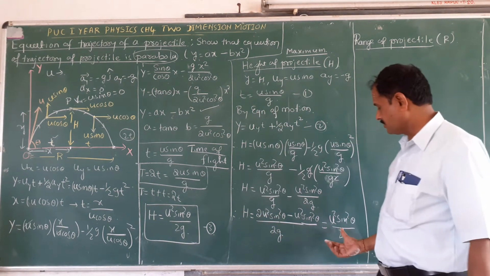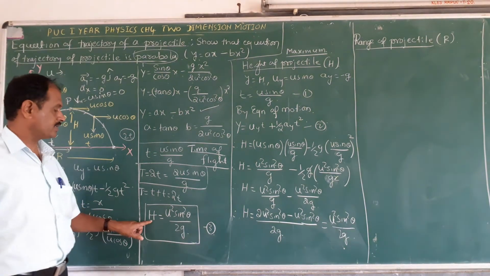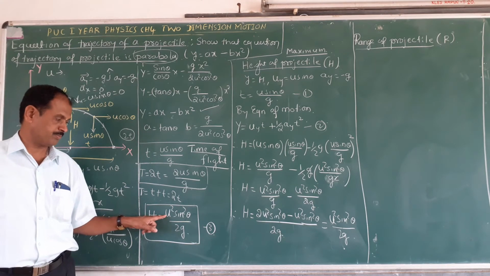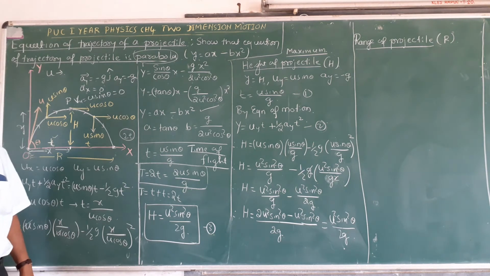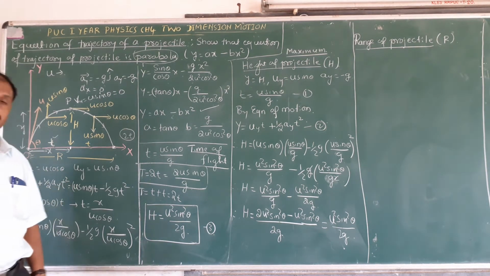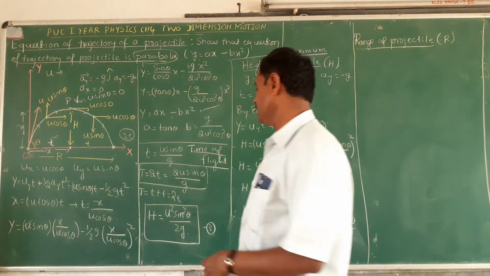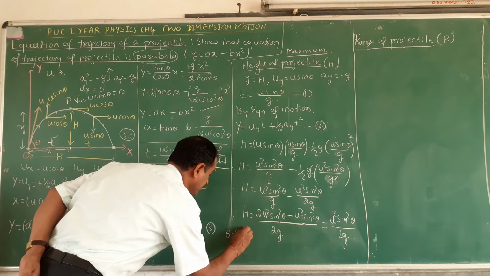Now here also observe this one. This is the height of the projectile. Height of the projectile also depends upon the velocity of the projection and the angle of the projection. For what angle of projection is the height maximum? Ultimately, theta is equal to 90 degree.